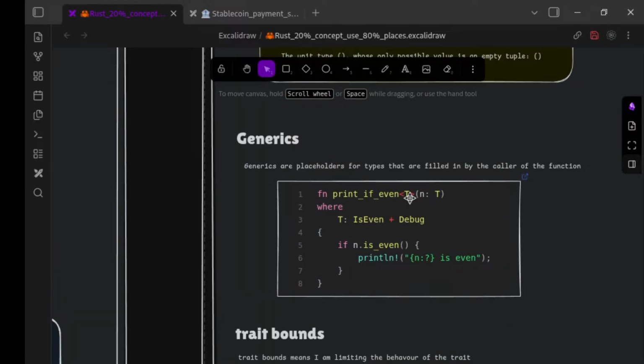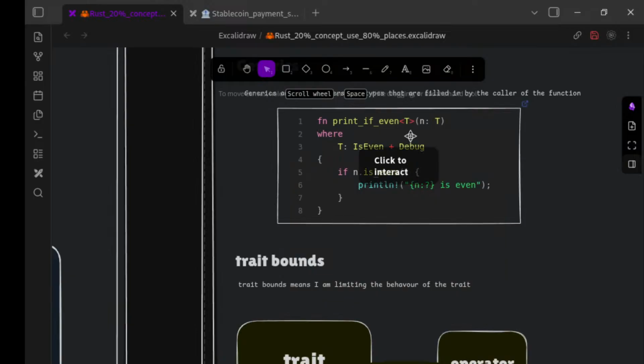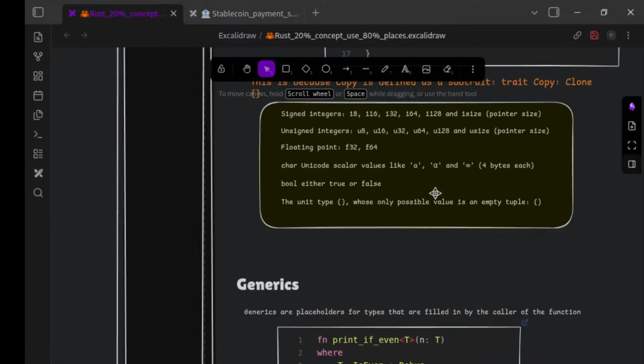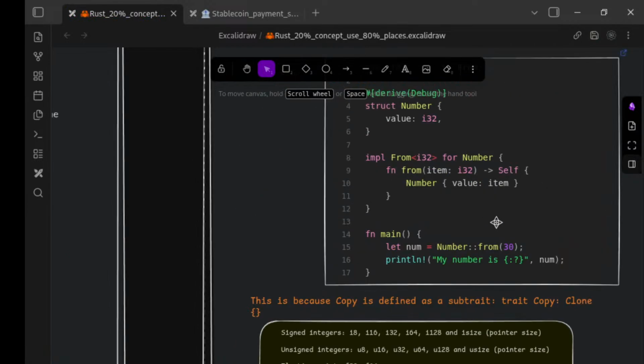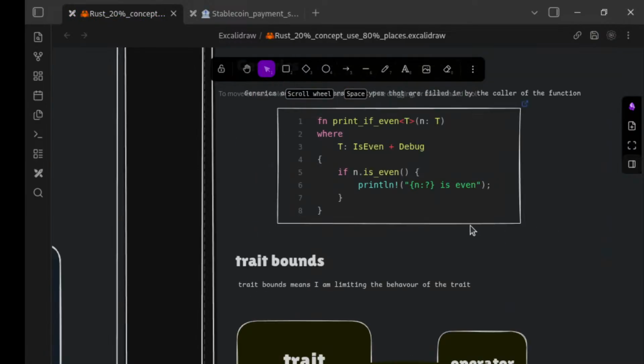Here you can see this is the generics, and we are using the debug operation.